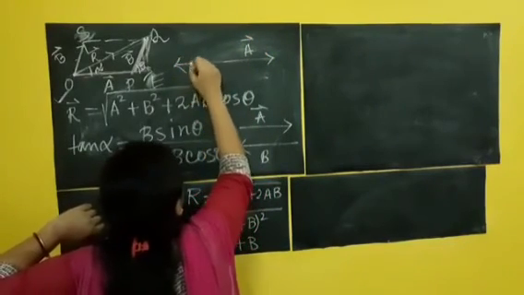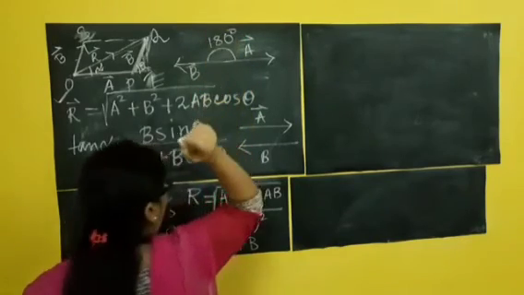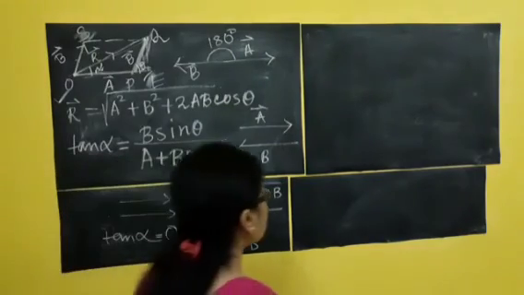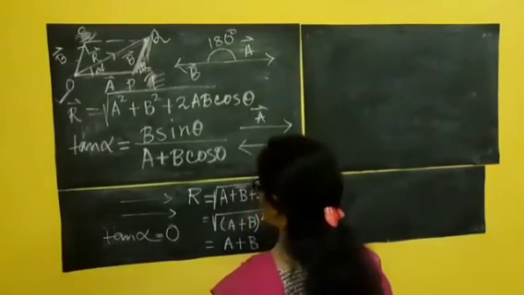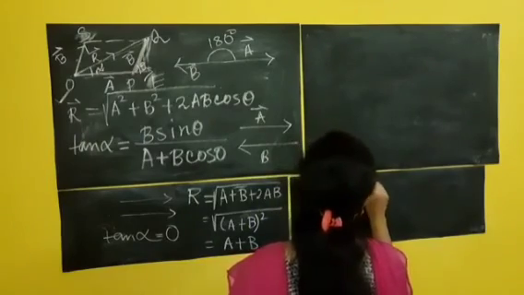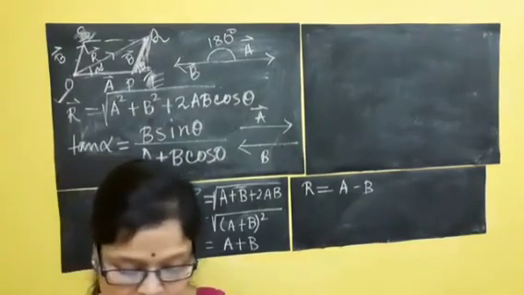What is the angle between these two? The angle between these two is 180 degree. What is the value of cos 180 degree? We know cos 180 degree is minus 1. So at that time R will be A minus B. That's all for vector addition.